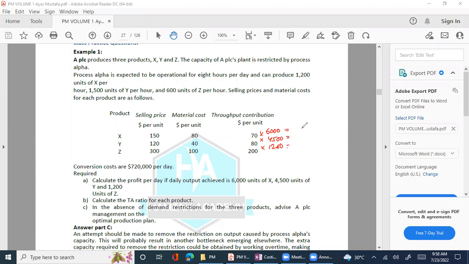So what will be total throughput for X? 420,000. What will be 4,500 into 80? So please take a total of it. You will get the total throughput.